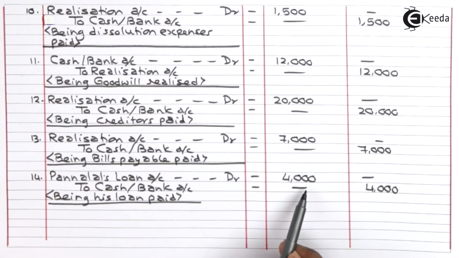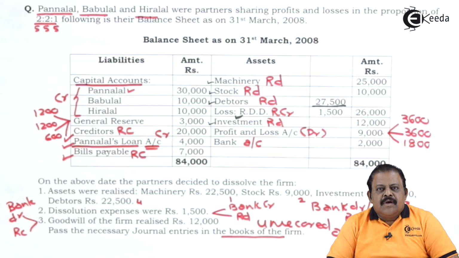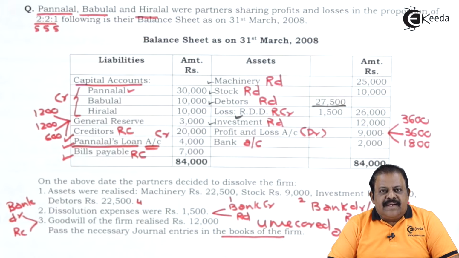Pannalal's loan account debit to cash bank account 4,000, being his loan paid. Up to this, by just reading the question, we have recorded all journal entries. Two more entries are balance, for which we require the balancing amount from the ledgers.